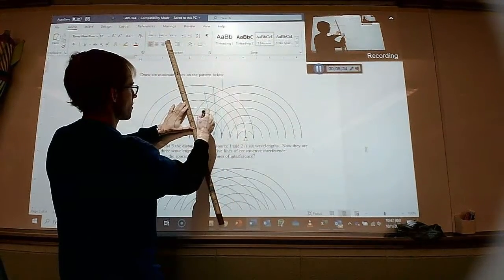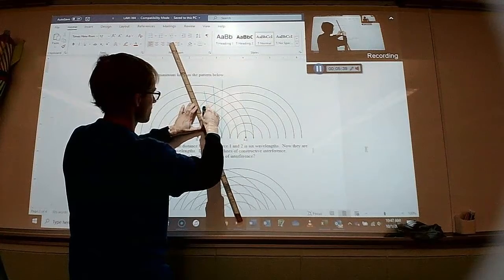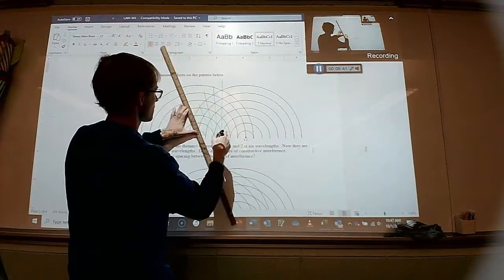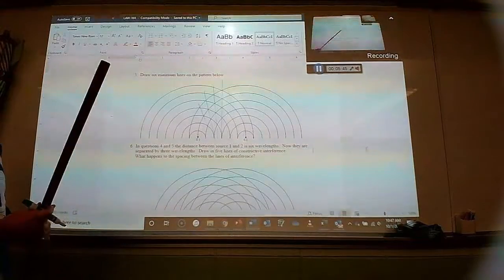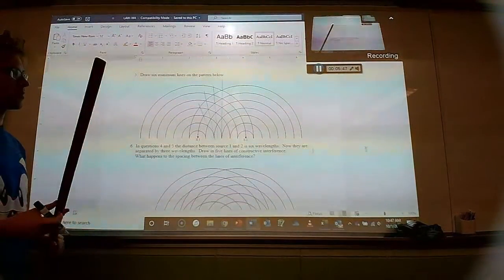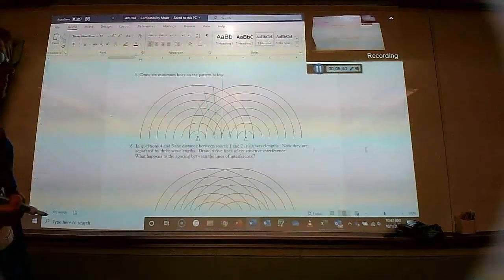And I'll do one more out here. So these are my maximum lines, and you could put those to the right as well, but this isn't what the question's asking for. The question's asking for the minimum lines.